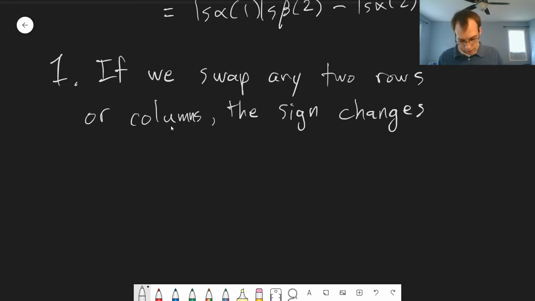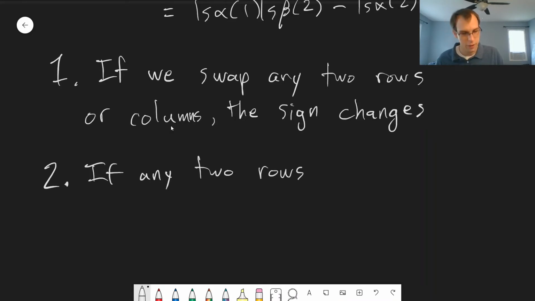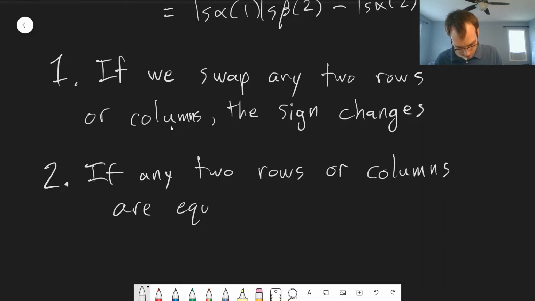All right. The second property, and one that's a consequence of all these properties of fermions, is that if any 2 rows or columns are equal, so if we have, say, the same quantum numbers for any 2 electrons, the determinant will go to 0.